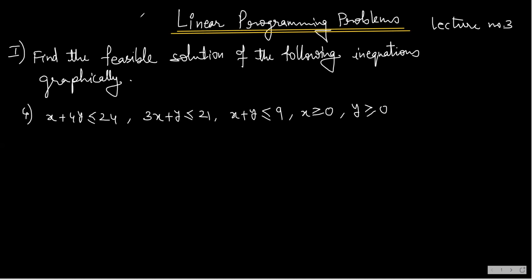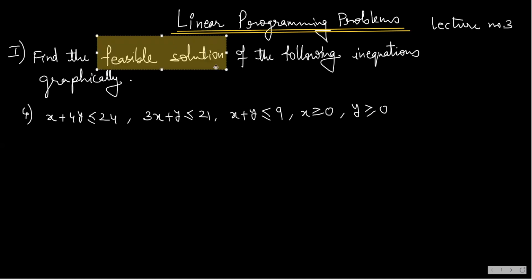And what I have to do is go for the feasible solution. I have to find the feasible solution. Now this is a new word for you, feasible solution. Remember students, feasible solution is nothing but the common solution set.